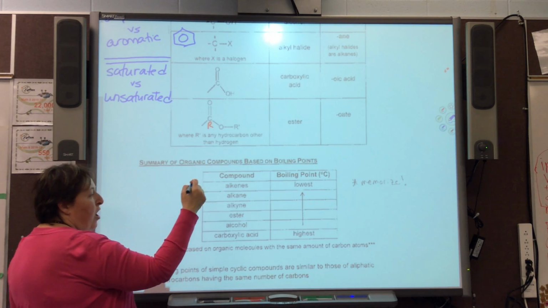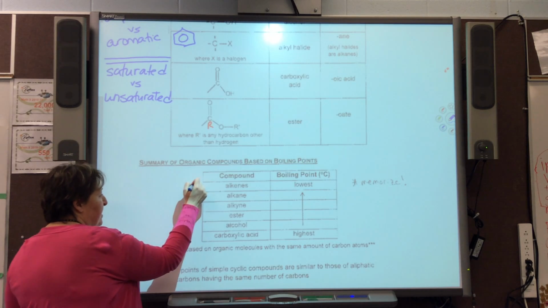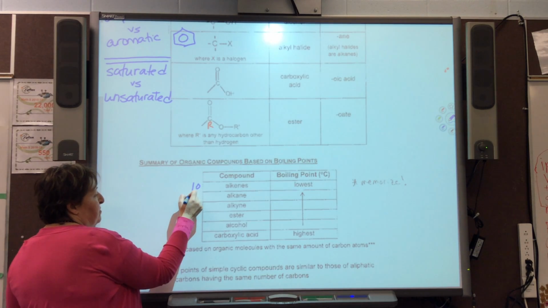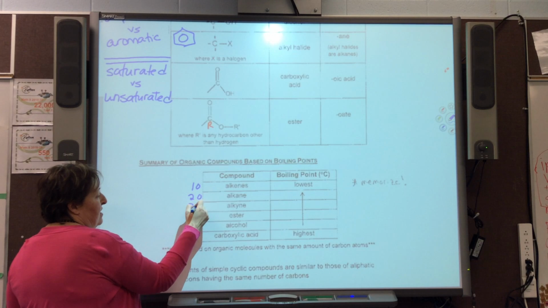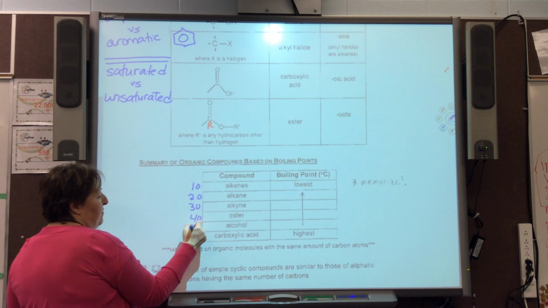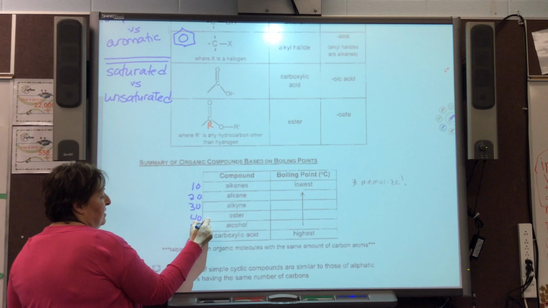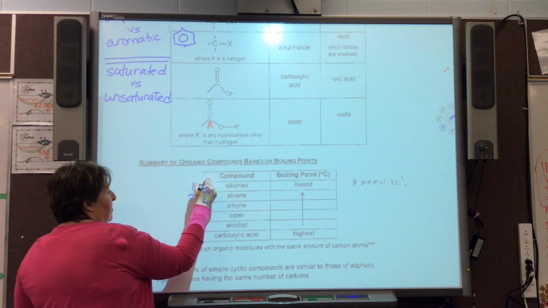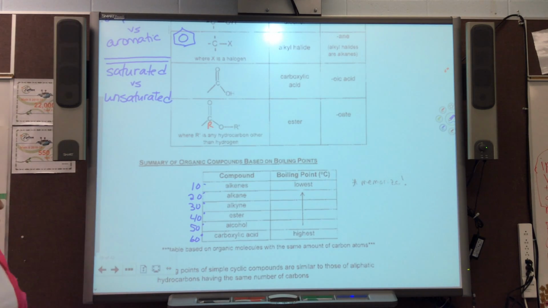So let's arbitrarily give them numbers: this is 10, this would be 20, then 30, 40, 50, then 60 degrees. So alkenes, which are double bonds, have the lowest boiling point, and then alkanes, alkynes, esters, alcohol, and carboxylic acids. And this is when they're all the same amount of carbon.